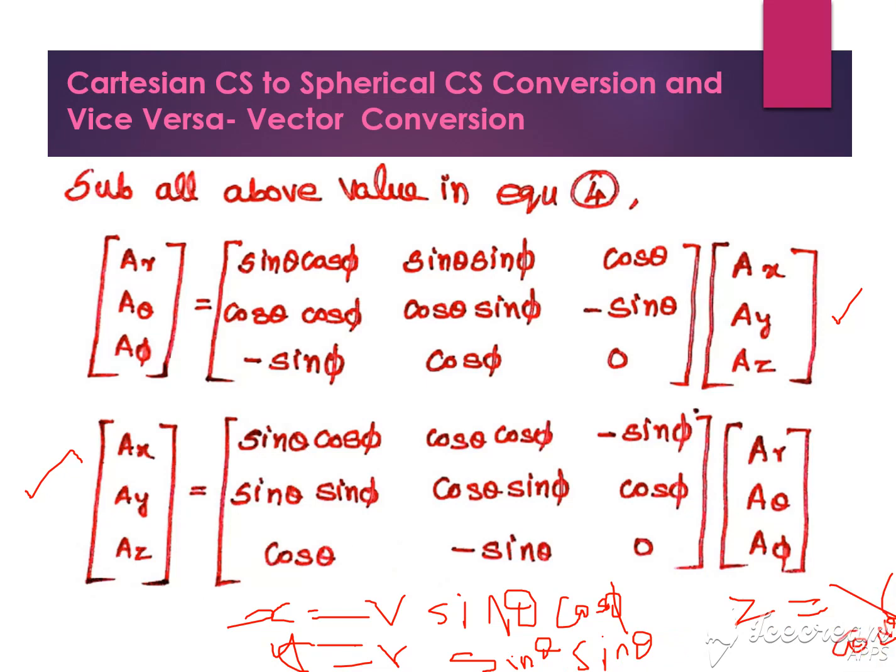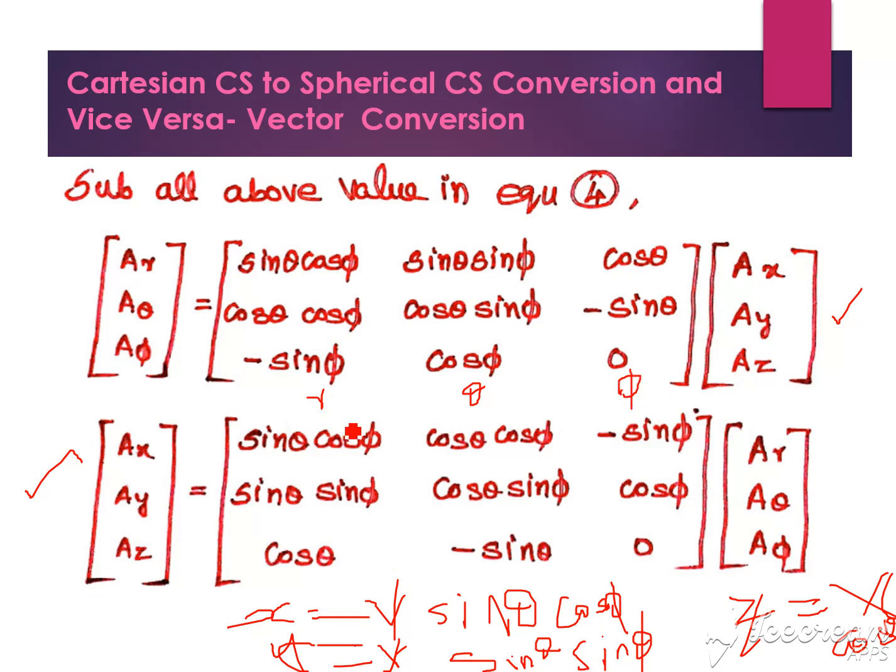Now for the first column, we can simply eliminate r and directly write the value. By eliminating r, we get sin theta cos phi. The second term we got sin theta sin phi, and the third term we have cos theta. This is the first step. In spherical we have the term r; the second term is with respect to theta, and the third term is with respect to phi.